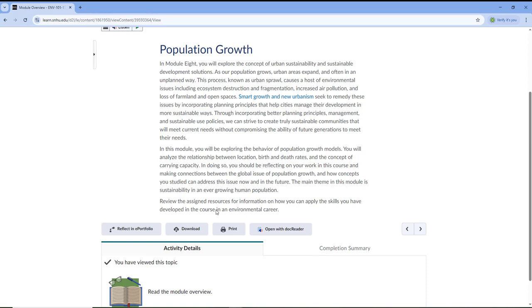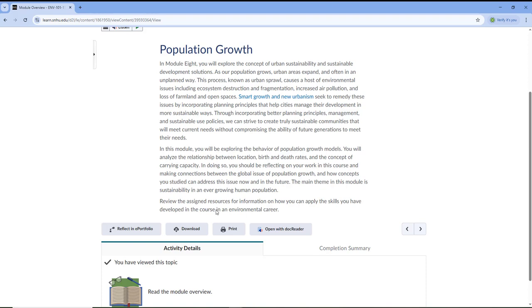And so as our population grows, how do we do that in a sustainable way? We're going to learn more about ecosystem destruction and fragmentation, but also how we can grow in a more sustainable way through something called smart growth and new urbanism.